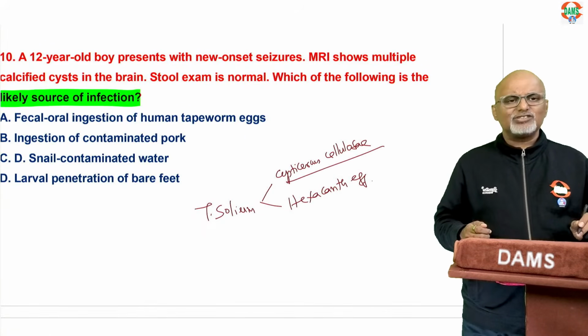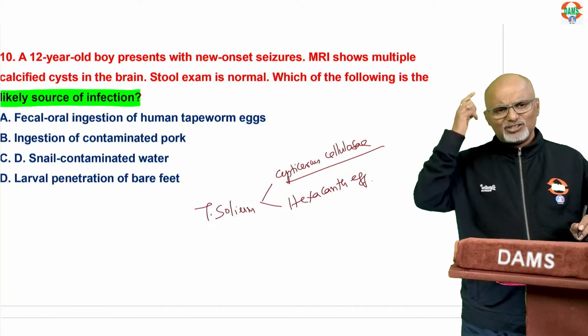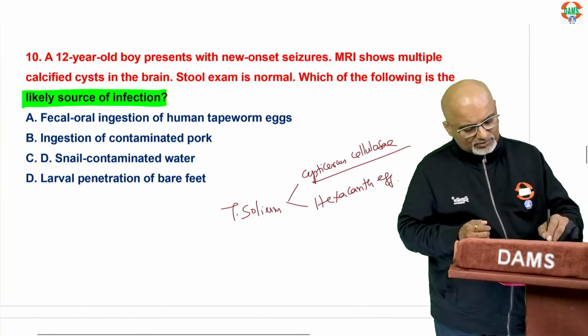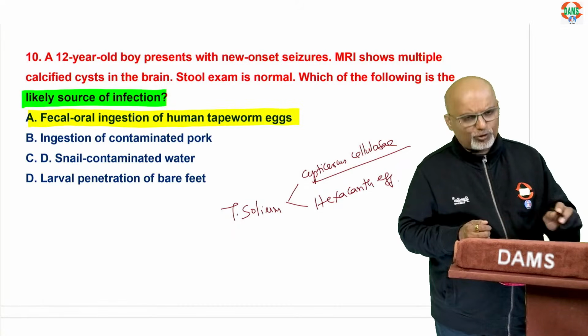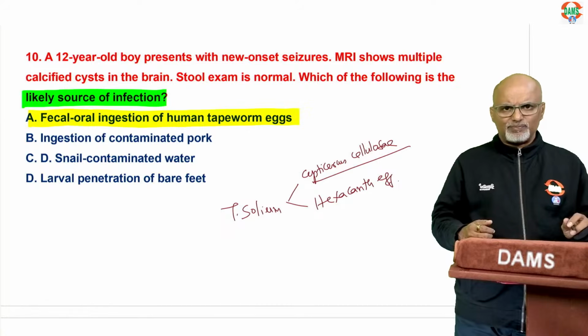Cysticercus cellulosae leads to diarrhea. Eating egg leads to neurocysticercosis. So it is mainly due to fecal-oral ingestion of human tapeworm egg. Which tapeworm egg? Taenia solium.